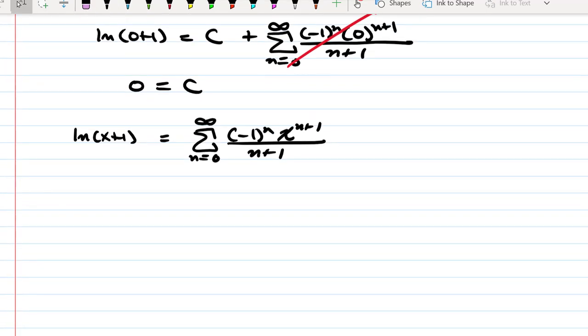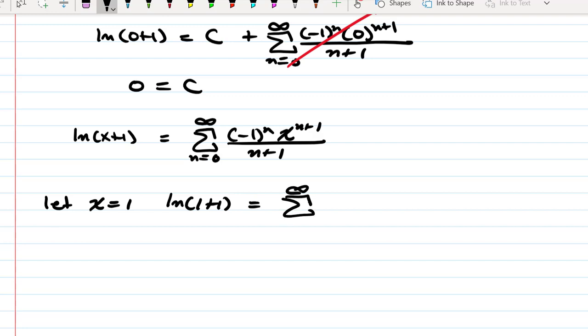So it's worth noting, if we let x equal 1, that gives us the natural logarithm of 1 plus 1 is equal to the sum as n equals 0 to infinity of negative 1 to the n, 1 to the n plus 1 all over n plus 1.